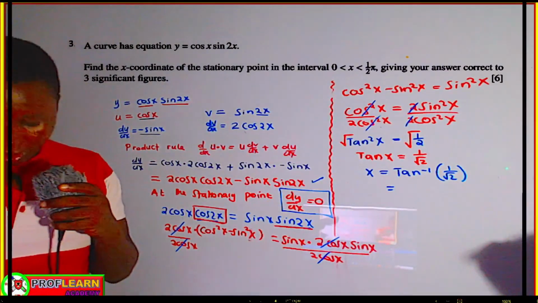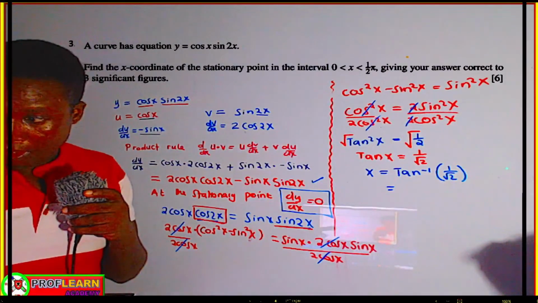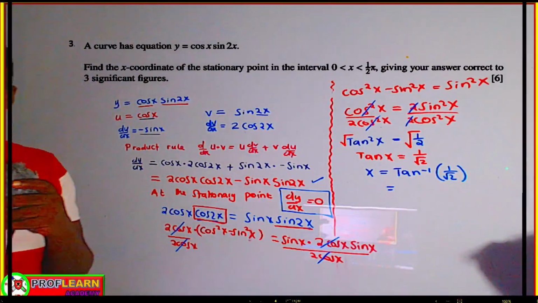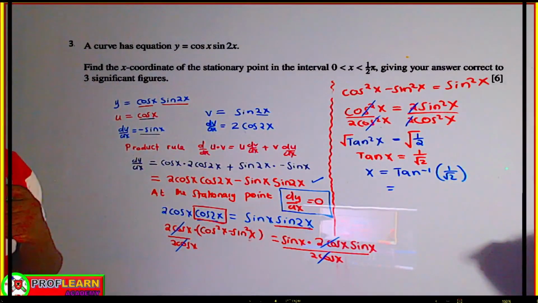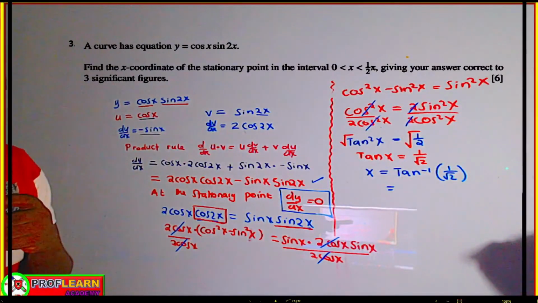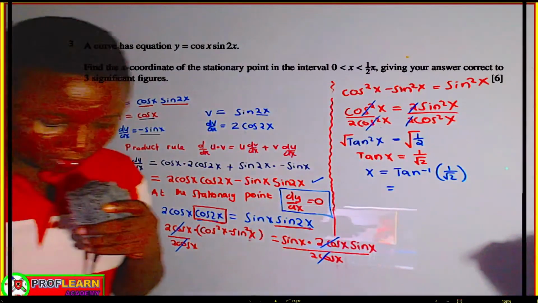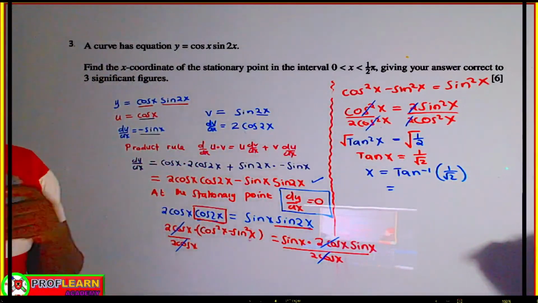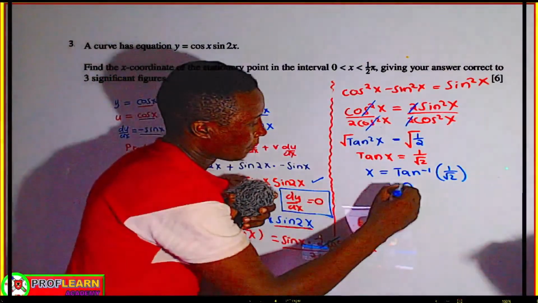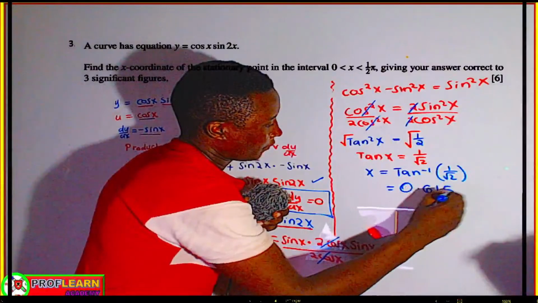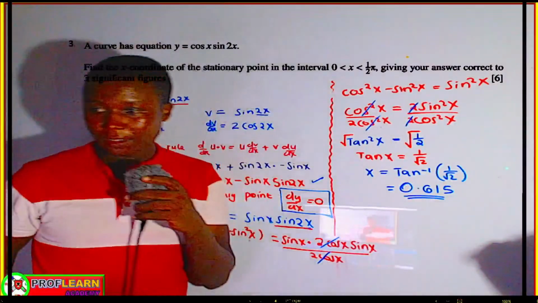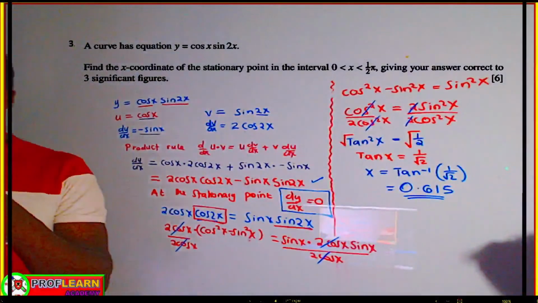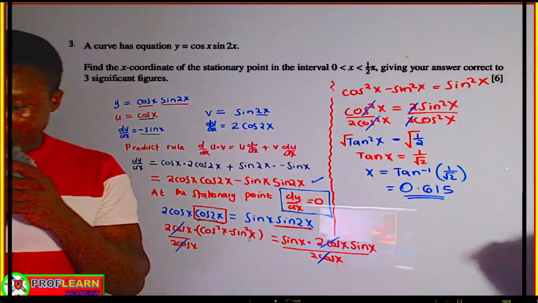We're supposed to give our answer correct to 3 significant figures, so the answer you're going to write is 0.615. And that becomes the x coordinate of the stationary point.